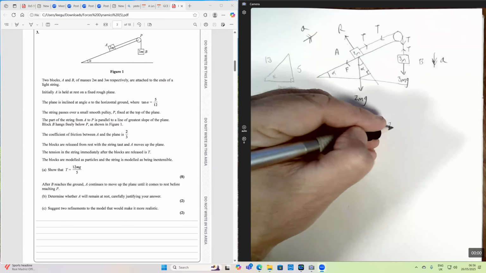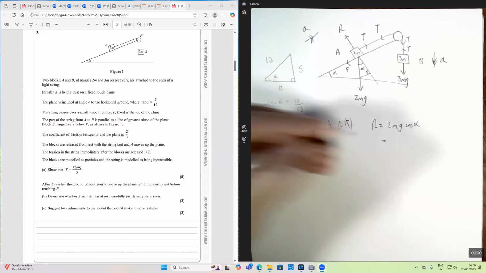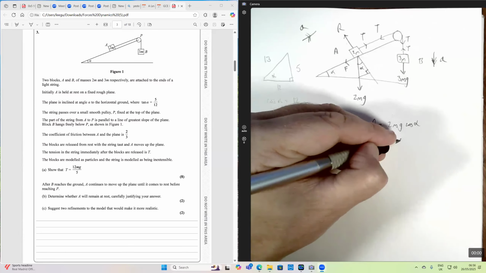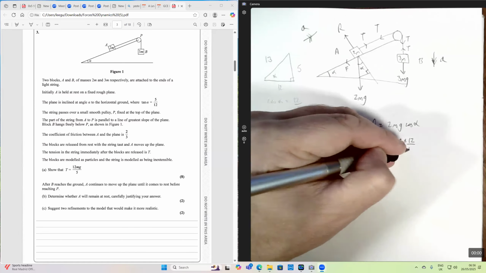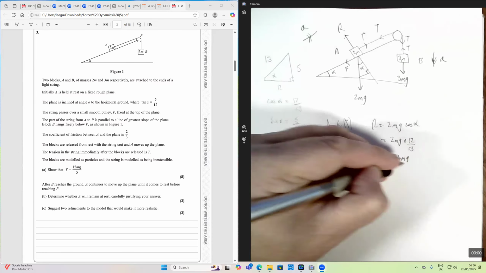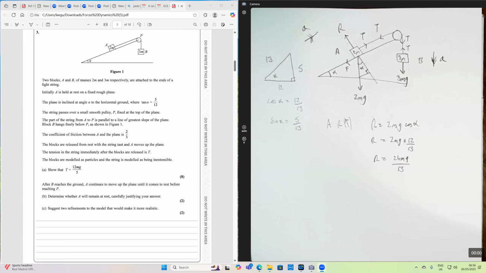So it's going to be 2mg cos alpha, and we know that cos alpha is 12/13. So it's going to be 2mg times 12/13, which is going to be 24mg/13. So we've got an expression there for R, which is always going to be super useful.